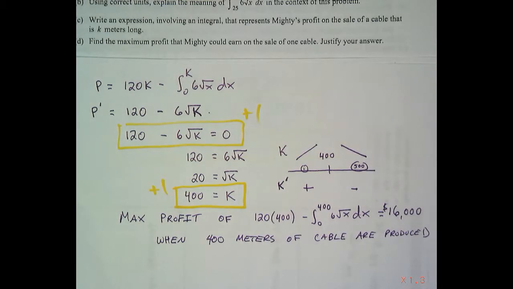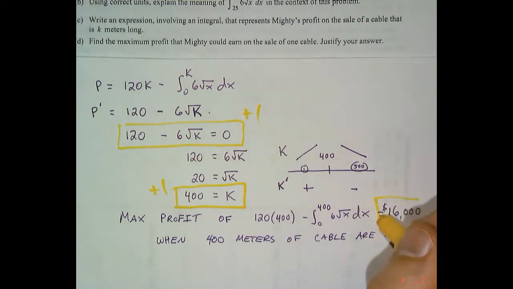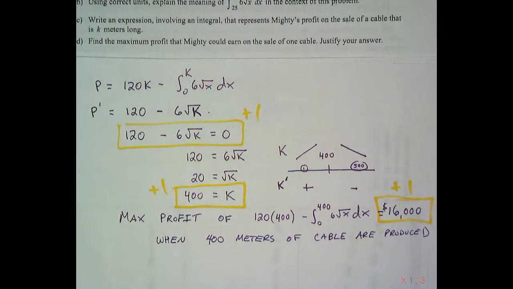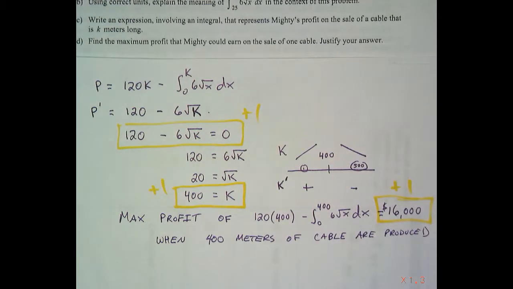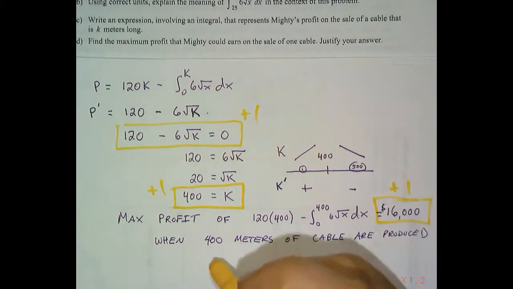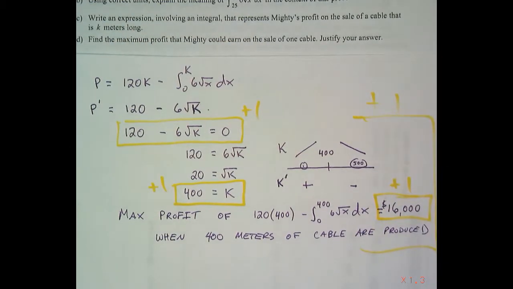And then the answer, they're asking to find the maximum profit. So the answer of $16,000 is your maximum profit. And the justification is the work that we did here with the first derivative test for local extrema. So all of this is your last point.